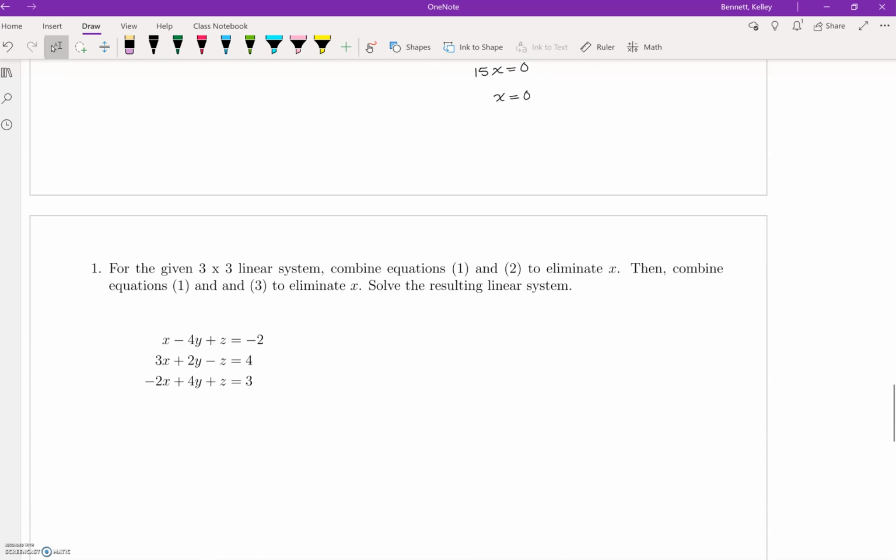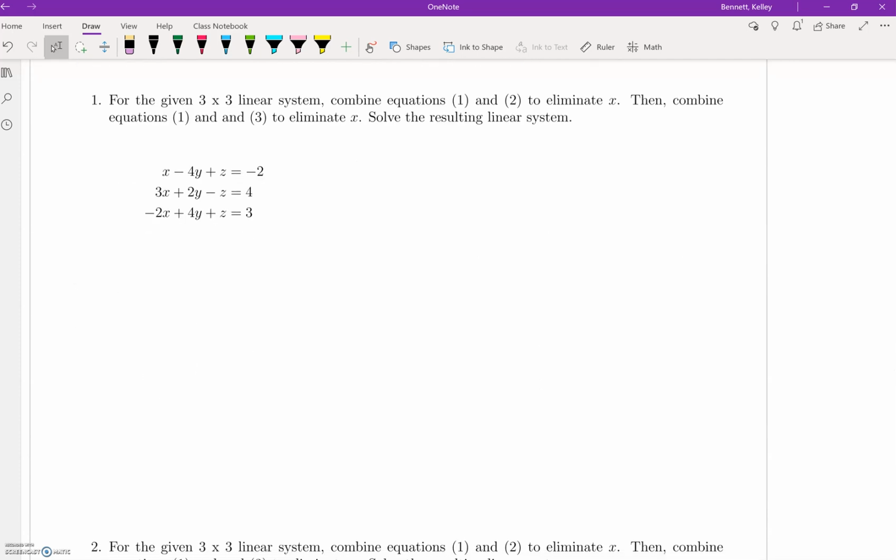In this next example, what we're going to do is combine two equations to get a system of two variables and then solve that system. So we're going to combine equations 1 and 3 to eliminate x. So again, you're looking at 1, 2, and 3.